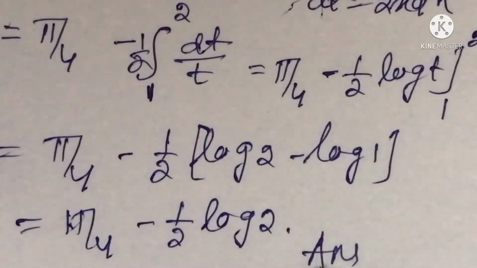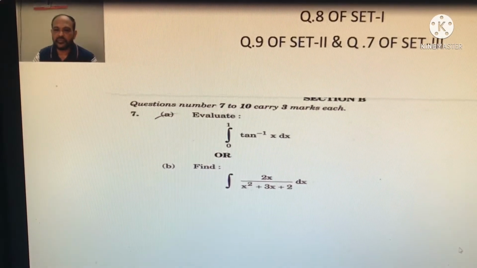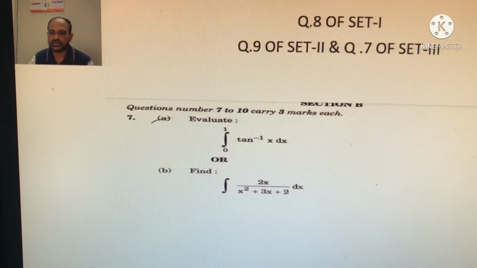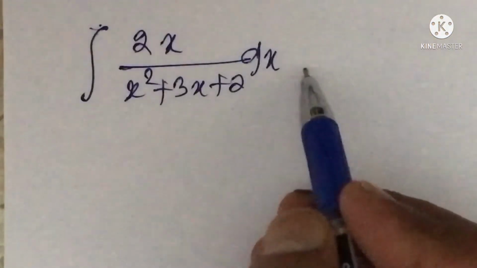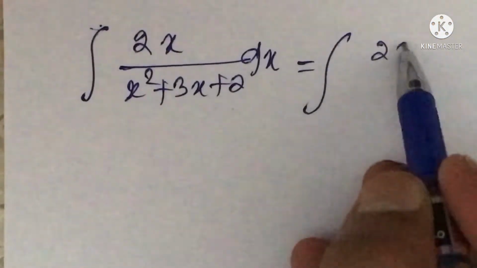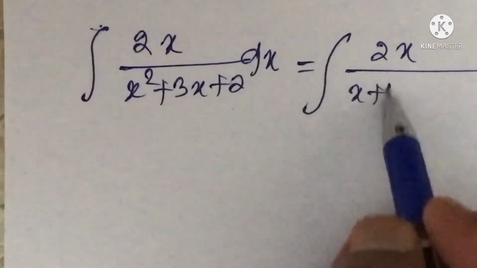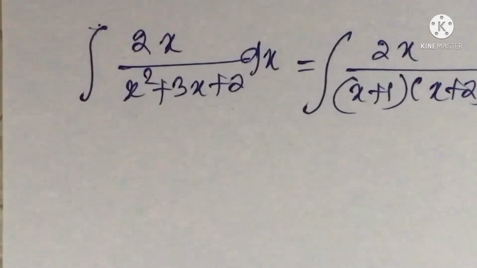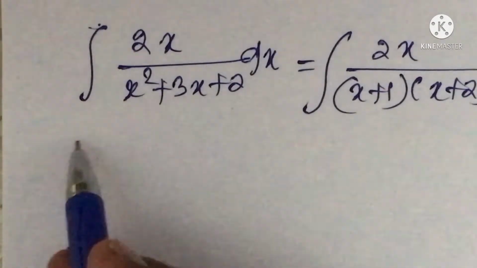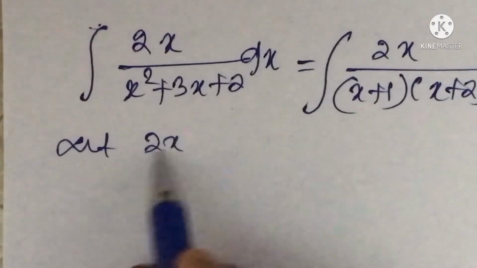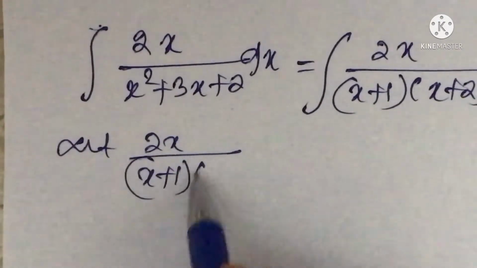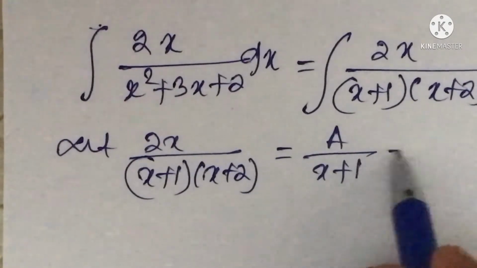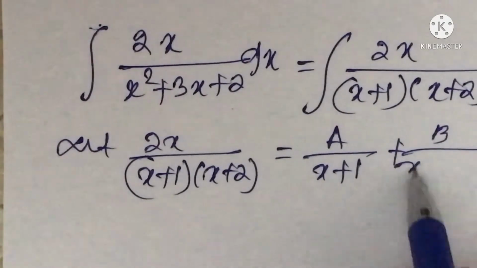So this is the answer of bit B. Integration of 2x by x square plus 3x plus 2 dx is, on factorizing, we get this is equal to 2x by x plus 1 into x plus 2. Now we use the partial fraction. Let 2x by x plus 1 into x plus 2 is equal to a by x plus 1 plus b by x plus 2.